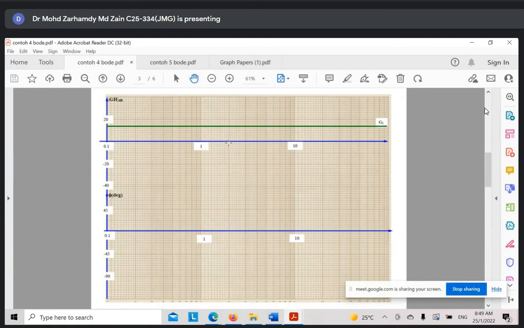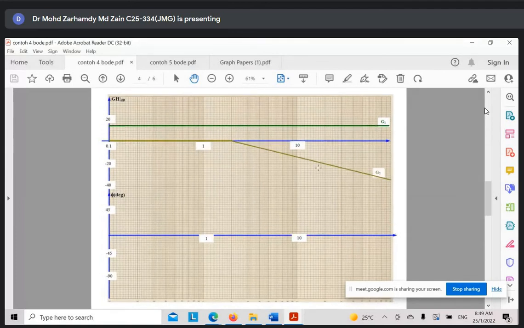Find 2, one cycle is 20. So 2 to 20 is one cycle. So we take this point to this point, and then go to negative 20 here. It will go to here, take the ruler, and it will look like this. We want it to have a gradient of negative 20. We already know every box here is negative 20.